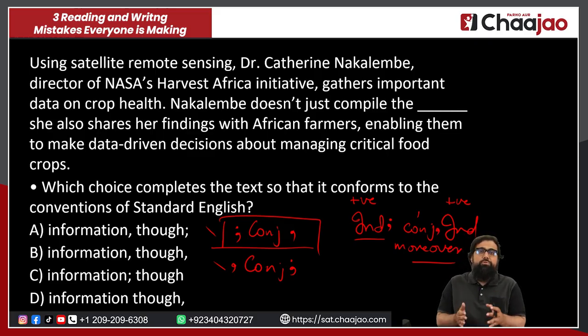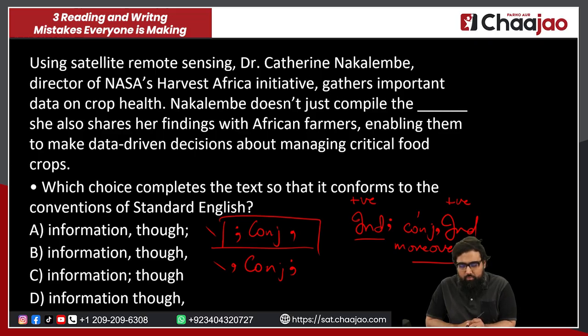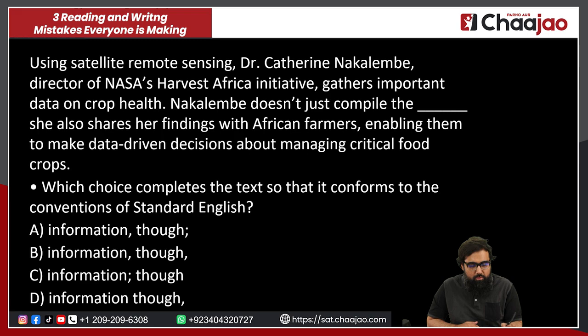But if the two sentences are not in sync, if the two sentences are not in line, so for example, you have your moreover over here, but the second sentence is a bit different.